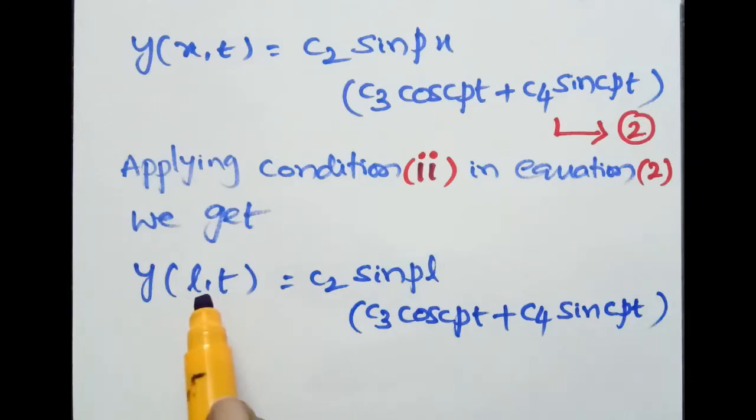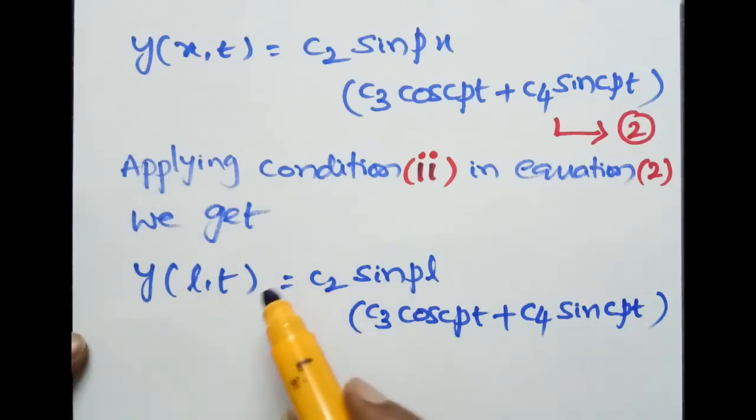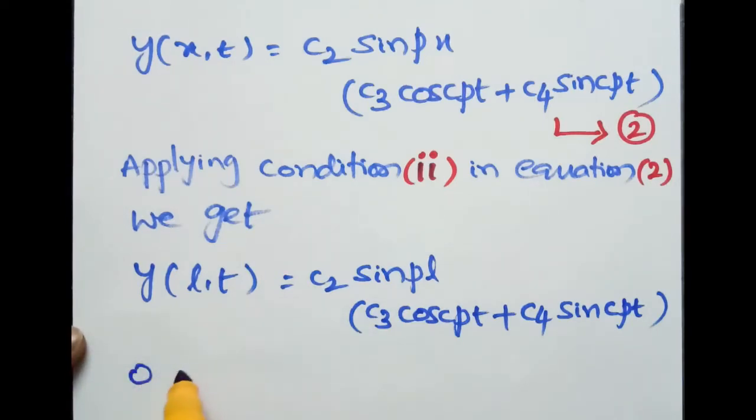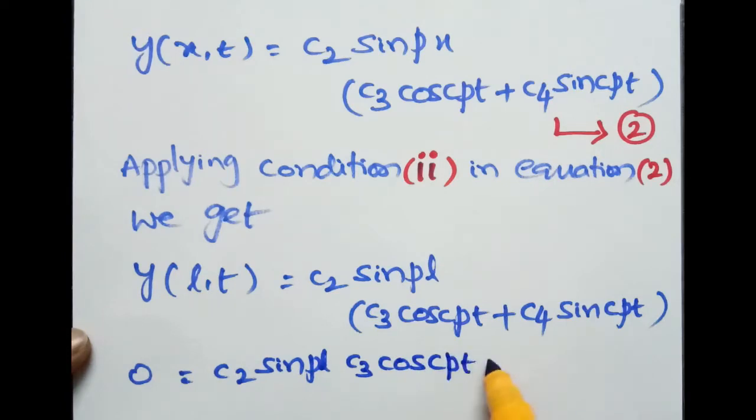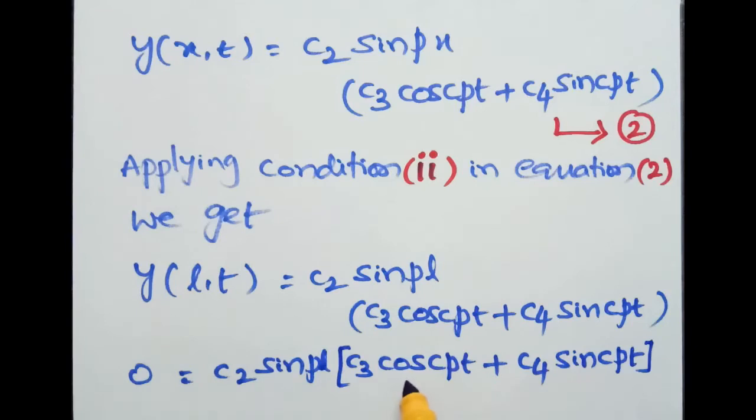Here y of L comma t equal to 0, that is given in condition number 2. Therefore, 0 is equal to C2 sin PL into C3 cos cpt plus C4 sin cpt. But here, as explained earlier, C3 cos cpt plus C4 sin cpt is not equal to 0.